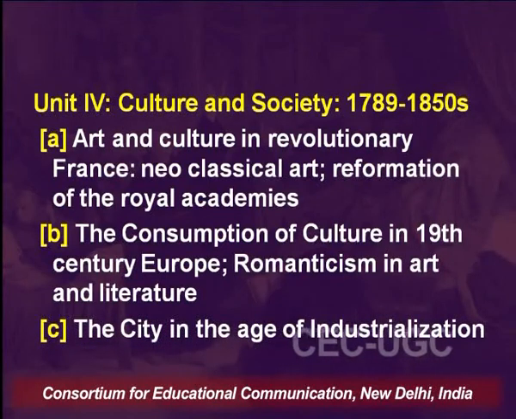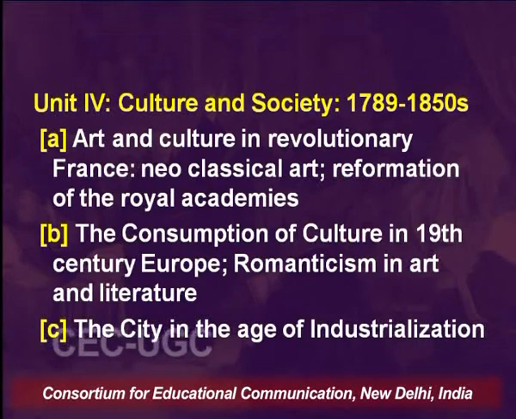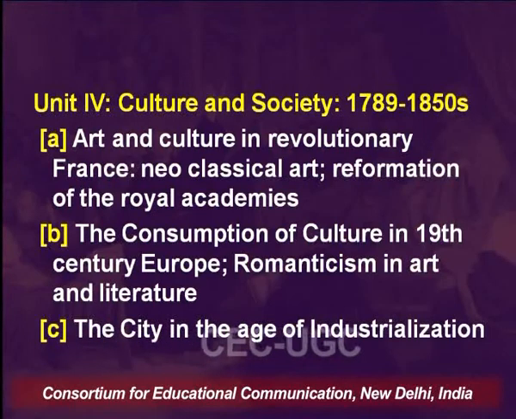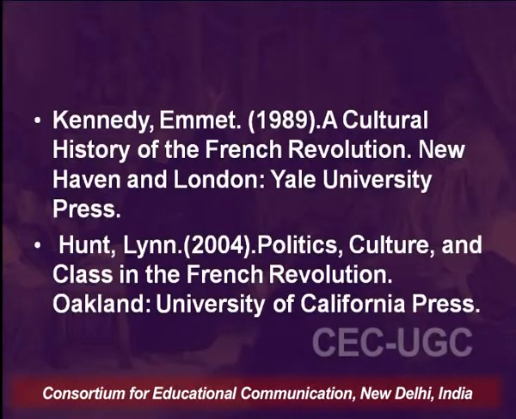And then cities, the way they existed in 19th century Europe, the way it were different from the cities of the medieval times or even the Renaissance city-states. So, the industrial city-states give you a different flavor as compared to the Renaissance city-states or the medieval cities of Europe. So, that is also covered, and these are the readings for that.